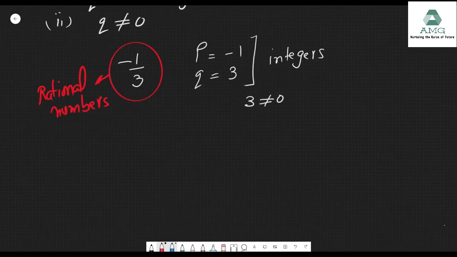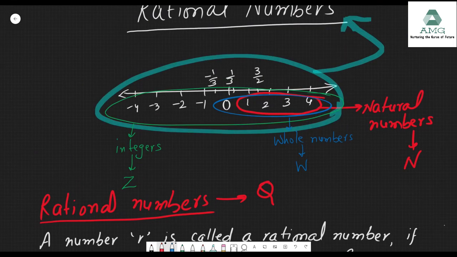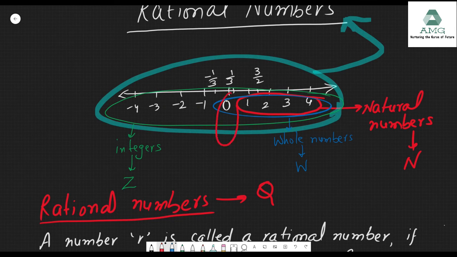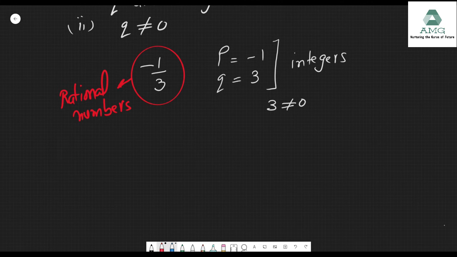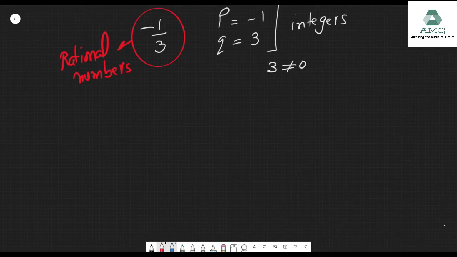Let's take another example of a number which is not already in the form P upon Q. I'm going to pick 0 from this number line. 0 is not already in the form P upon Q, but we can make it in the form P upon Q by adding 1 as its denominator.